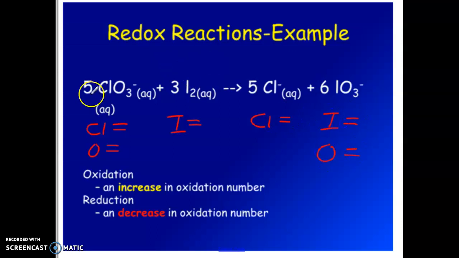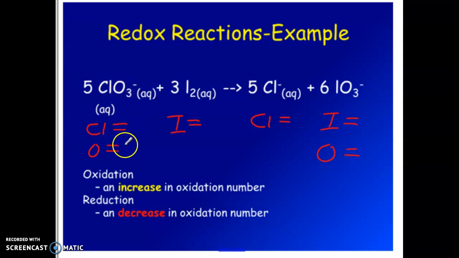Now coefficients mean nothing when we are assigning numbers. Coefficients are going to come later on, so the next lesson will be, well, how do we balance these reactions? Because there's a little bit of a different approach. For now, we're literally just looking at the oxidation numbers and what changes are happening here.